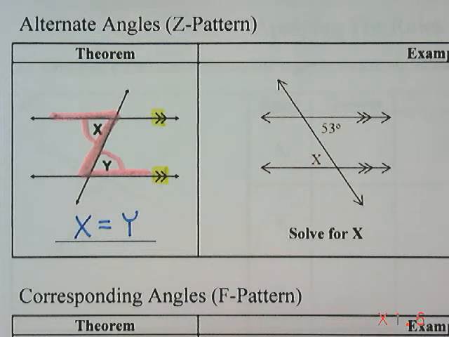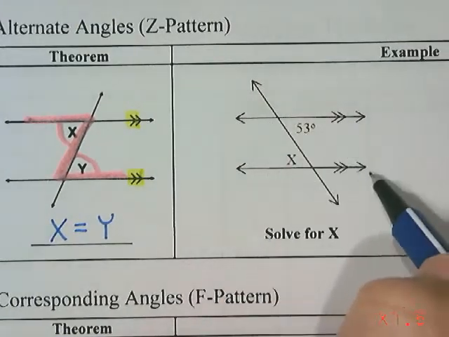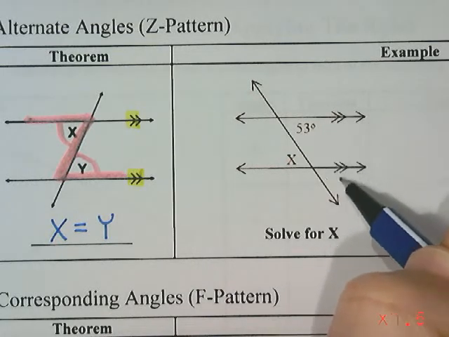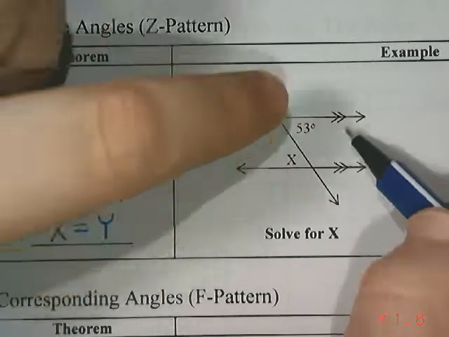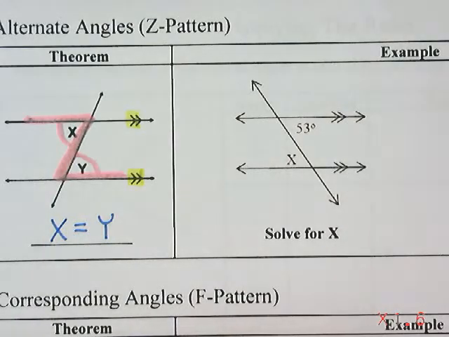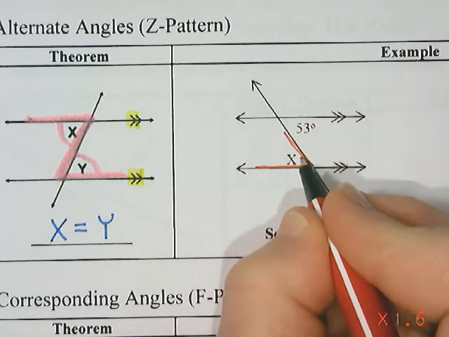So we are going to try an example. I have 2 parallel lines. I know that they're parallel because they have that extra set of arrow markings. So not the ones at the ends, but this extra set here. And then I like to trace over the angle I want. So I want to find angle X. That's this one.